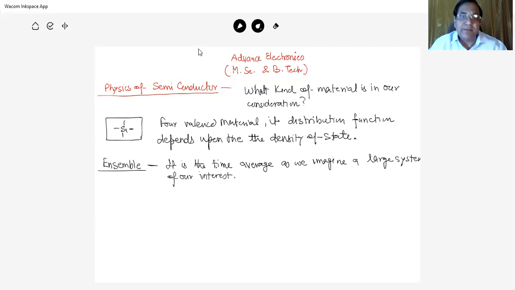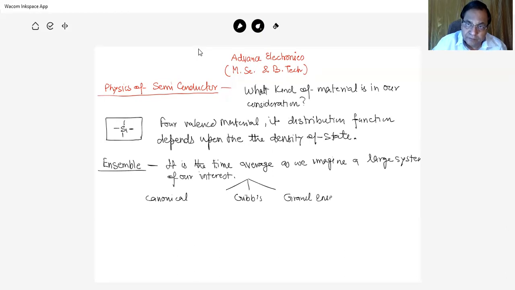That is called an ensemble. And when we call this one, we can classify it in three categories: canonical, Gibbs, and grand canonical.